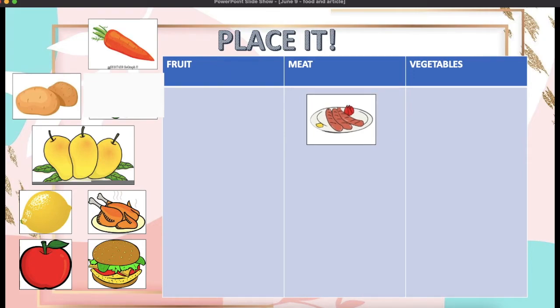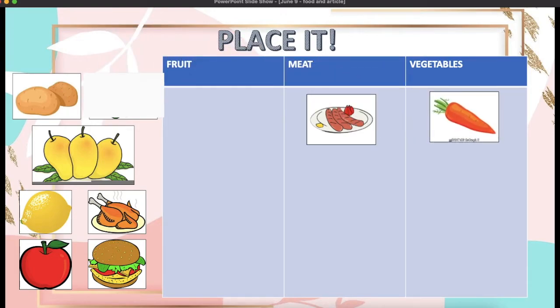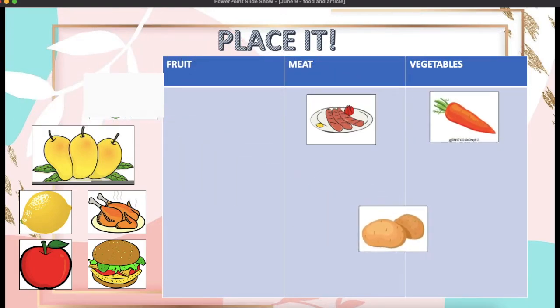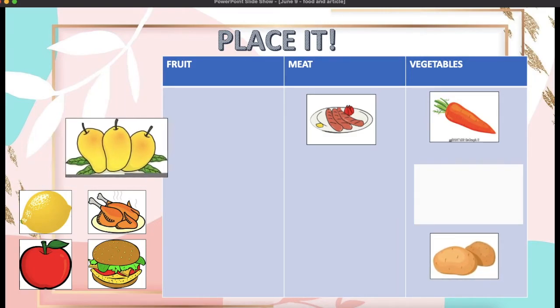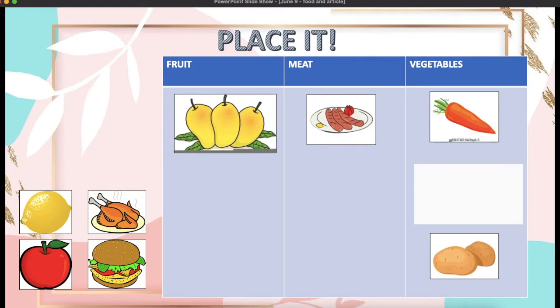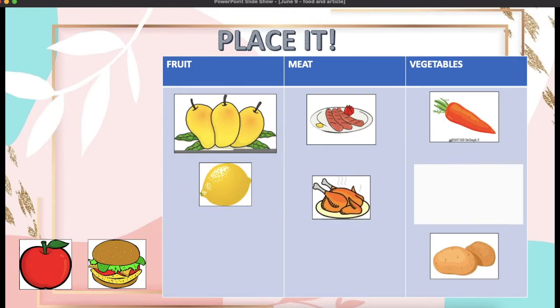And now we have carrot. Carrot goes to vegetables. Potatoes go to vegetables. Goes to fruit. And lemon goes to fruit as well. And now we have chicken. Chicken goes to meat.